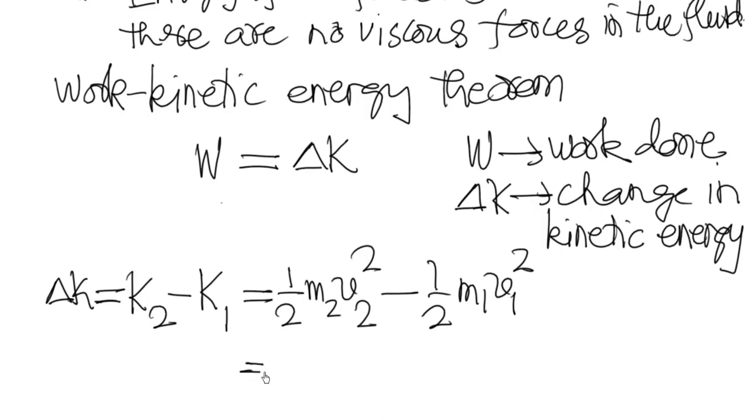Now we have M1 equal to M2 equal to M, or we call it delta M, which is equal to density into volume.